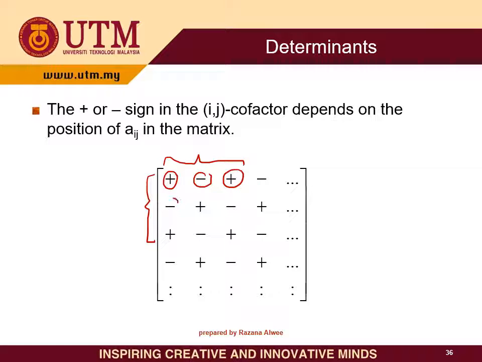The second row starts with negative, positive, and then negative. The third row, you repeat the first row: positive, negative, positive. This is the plus or minus sign in the cofactor, and it depends on the position where it belongs in the matrix.